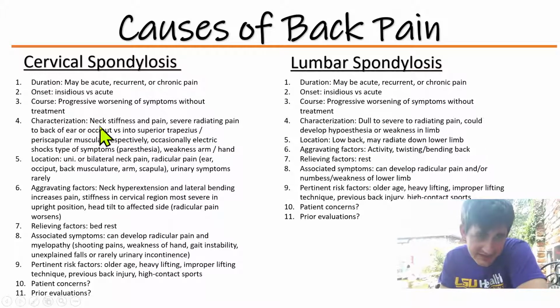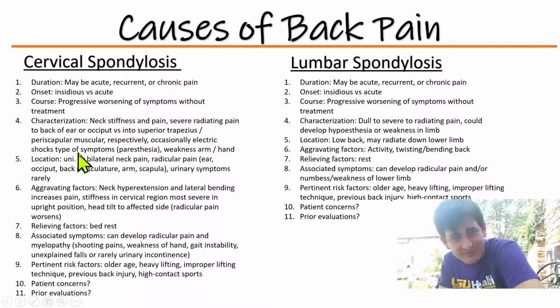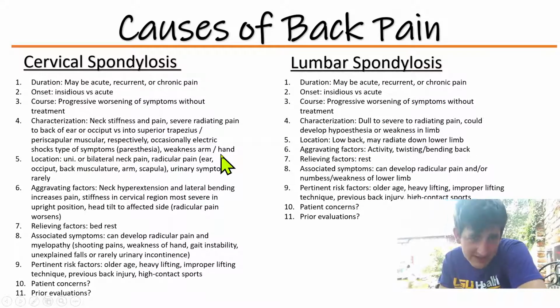Characterization. In the neck, you have neck stiffness, cervical spondylosis, pain in the neck, severe radiating pain to the back of the ear or occiput versus into the superior trapezius or periscapular muscle, respectively. Occasionally electric shock types of symptoms, paresthesia, weakness in arms and hands.